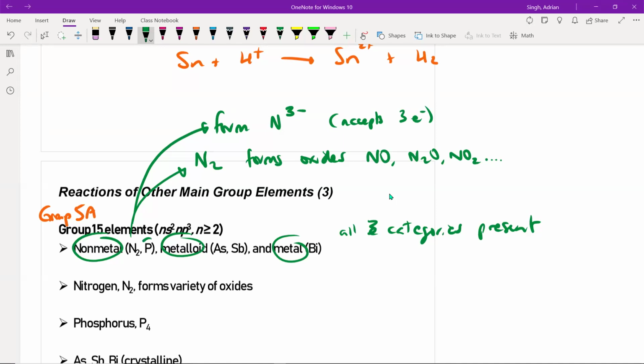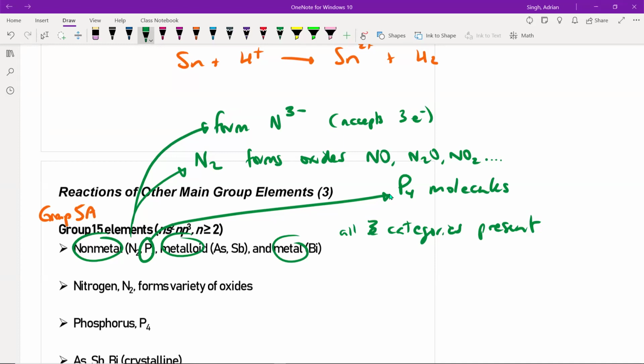Phosphorus itself, so P, on the other hand, exists as P4 molecules, which is unusual, but that's the way that it exists. So it's white phosphorus, or it can exist as chains of P4 molecules, which is red phosphorus. Right, so white or red phosphorus is typically how it exists. It can form two solid oxides.